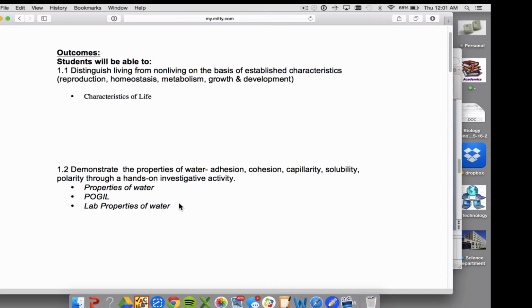What I would like you to do is read through each outcome. For example, let's look at the first one. Students will be able to distinguish living from non-living on the basis of established characteristics. This refers to the characteristics of life. What you should now do is pause the video and go to your textbook, look up the characteristics of life and jot them down.